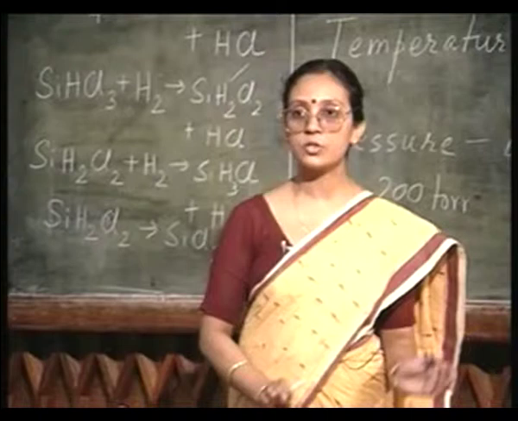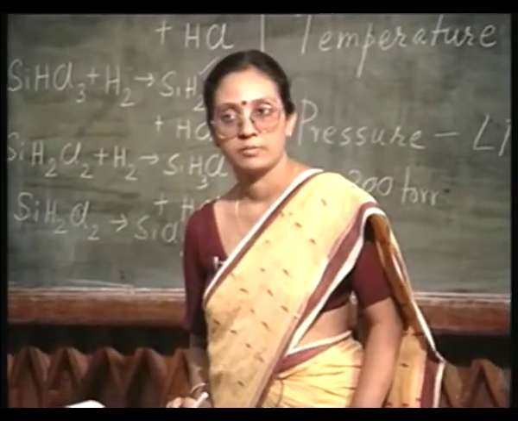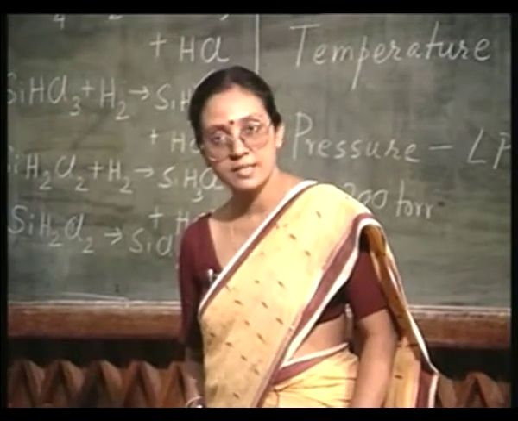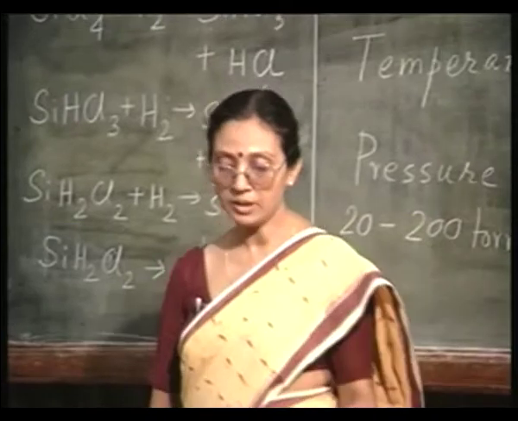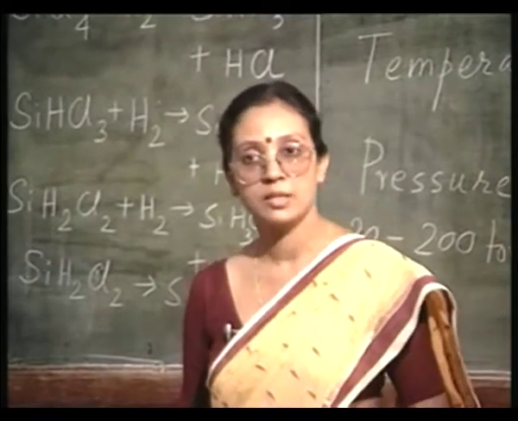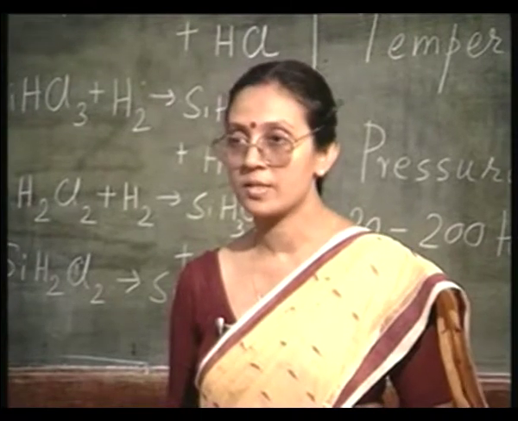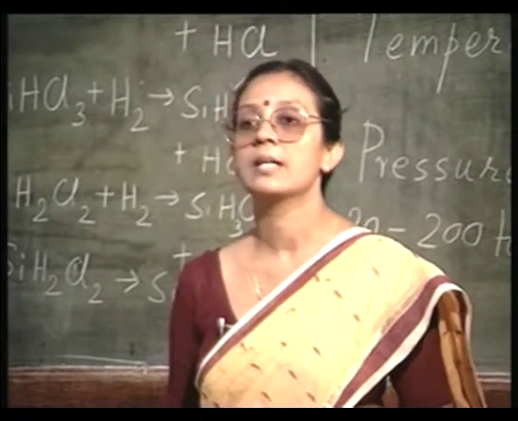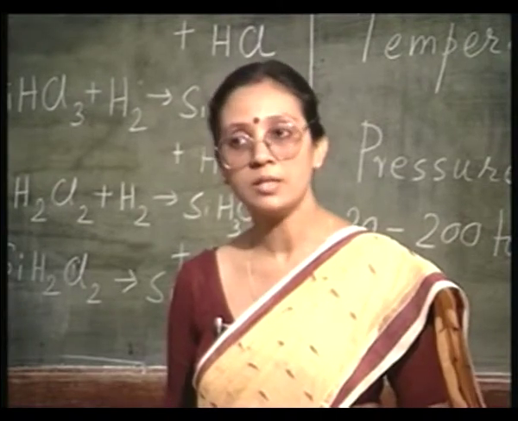This SiCl2 is your active reactant species. This SiCl2 in contact with the sample will give rise to silicon and HCl. In presence of hydrogen gas, it will get adsorbed on the sample surface and it will give rise to silicon and HCl.